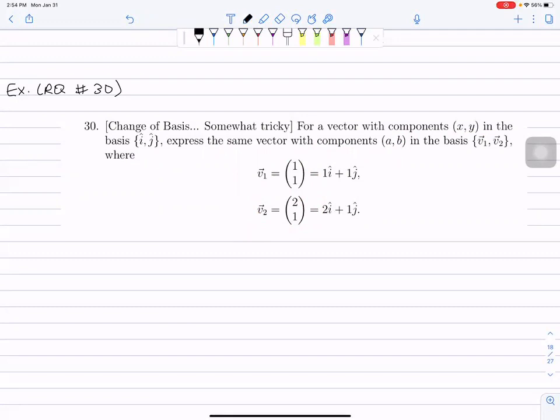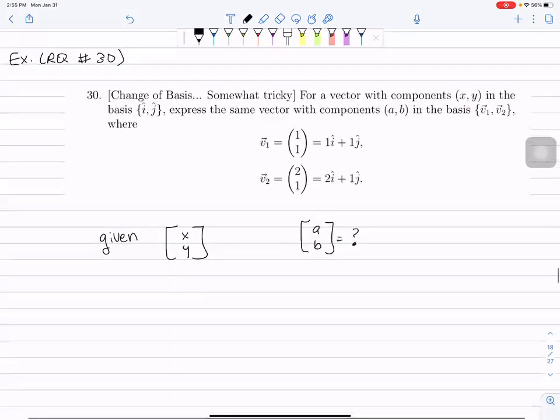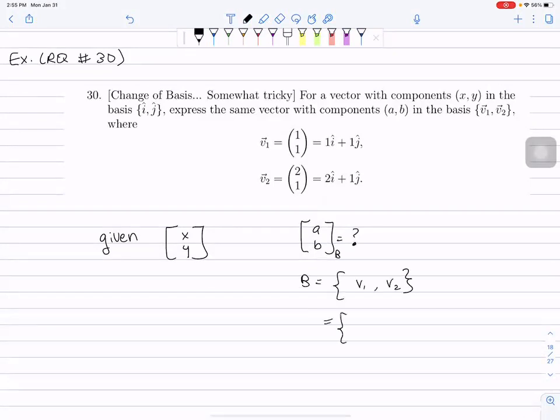So we're given x, y. They're telling us we know what the vector x, y is in our regular basis. We need to find what a, b is going to be. Like, what is that new thing? And specifically, our new basis is v1, v2, or you can write it as 1, 1, 2, 1.